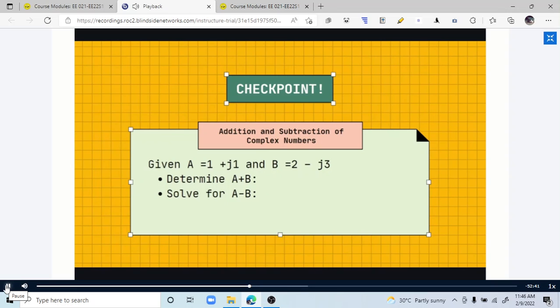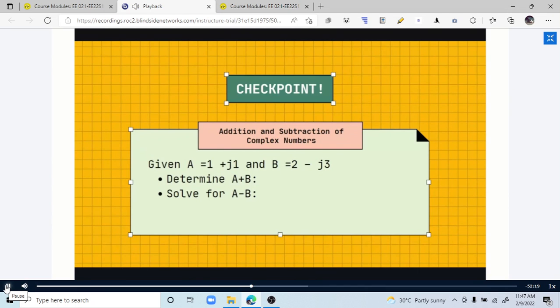Still, we have 1 plus j1 minus 2 minus j3. Make sure that 1 plus j1 is in one parenthesis and 2 minus j3 is in another parenthesis, because they are different quantities.